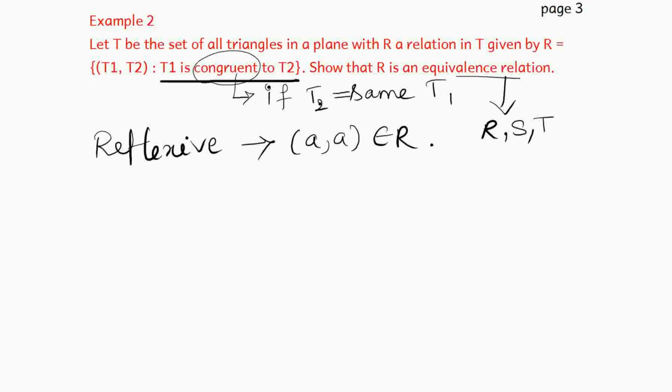To prove the equivalence relation, we have to prove all three conditions. First one is reflexive. Reflexive means every element of the set is mapped to itself. Since T1 is equal to T2, I can replace both with T1. So (T1, T1) belongs to R. So it is reflexive.